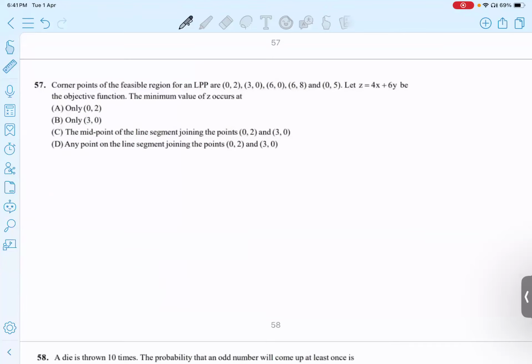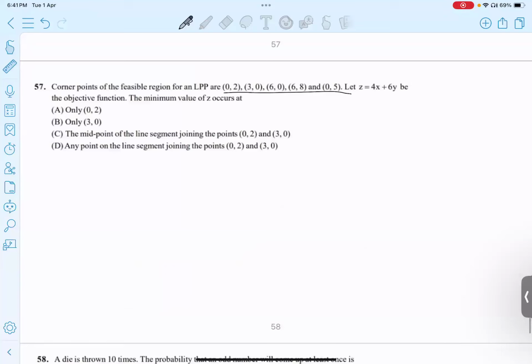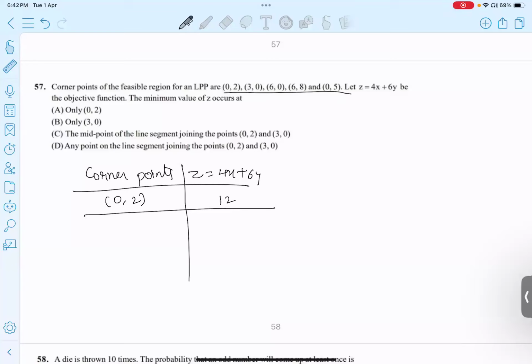Yes, here is a question based on the LPP. They have given the corner points of a feasible region. So we have studied that for our purposes, we substitute the corner points in the objective function, and we'll get a maximum and a minimum value. Substituting 0 comma 6, we'll get 0 plus 6 into 2, which is 12.